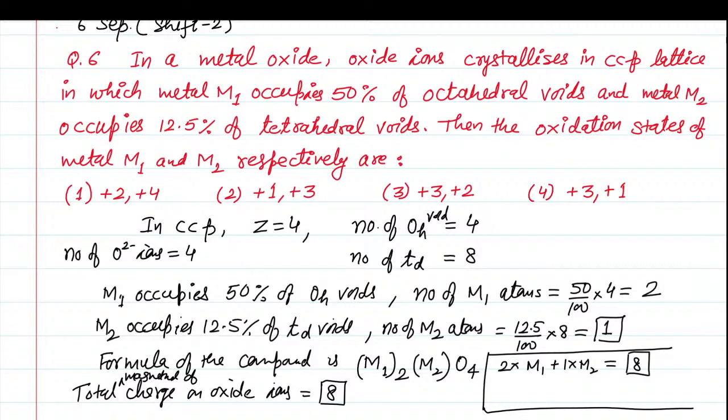So if you have plus 2 and plus 4, that means 2 into 2 plus 4 is 8. Or plus 3 and plus 2, 2 into 3 plus 1 into 2 is also equal to 8.